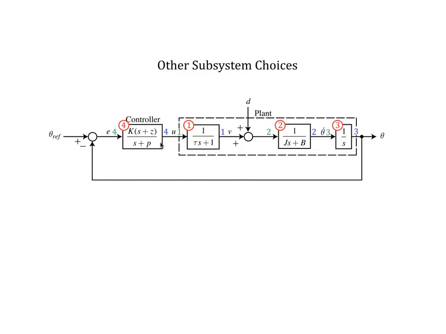I then would have called the append command with these 4 subsystems in the order shown as arguments, and then also, of course, the definitions of the inputs vector, the outputs vector, and the connects matrix would have all needed to have been different to end up with the correct model of our closed loop system.